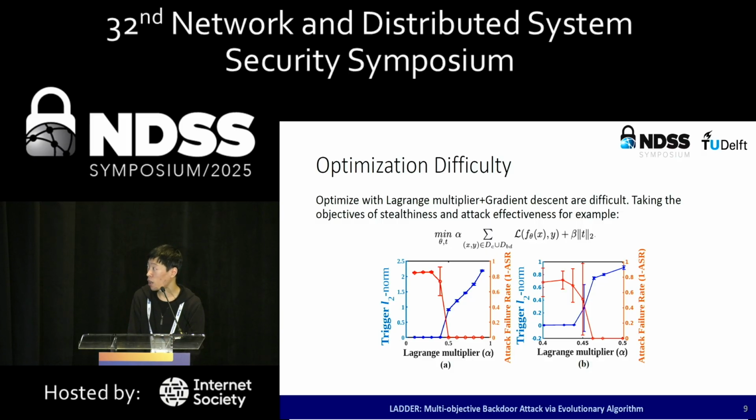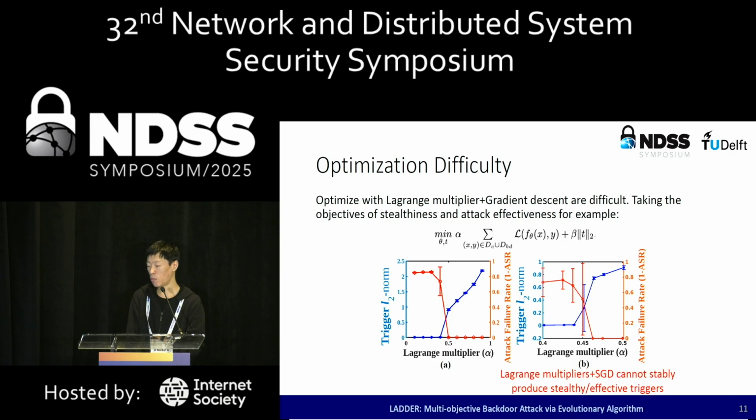Note that the bar indicates the standard deviation of 10 repetitions, and for the objective value, the smaller the better. On the left side of the figure, we see that the objectives of trigger stealthiness and attack success rate show a monotonic trend, but in totally opposite directions. This result tells us the objectives of trigger stealthiness and attack success rate conflict with each other.